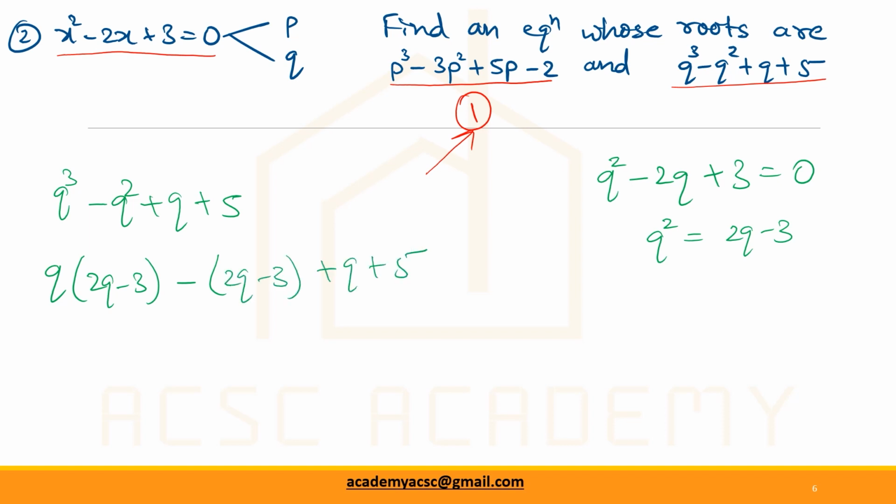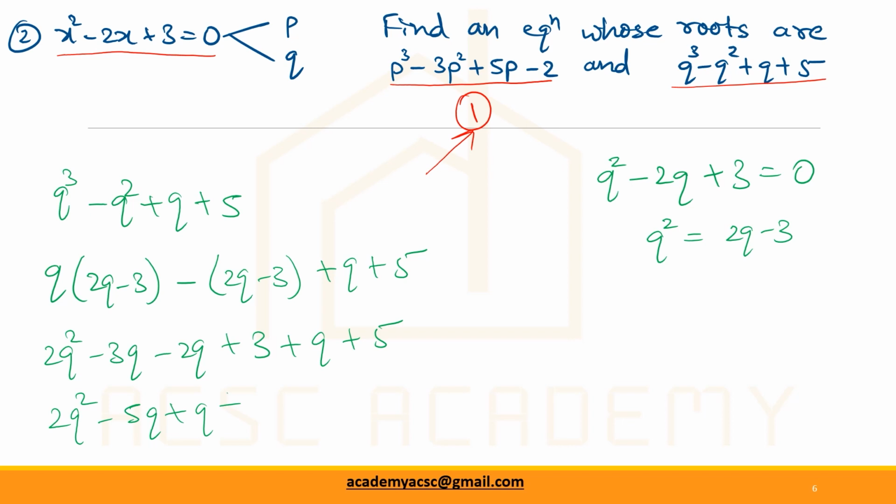So this becomes 2q squared minus 3q minus 2q plus 3 plus q plus 5. This is 2q squared minus 5q plus q plus 8.